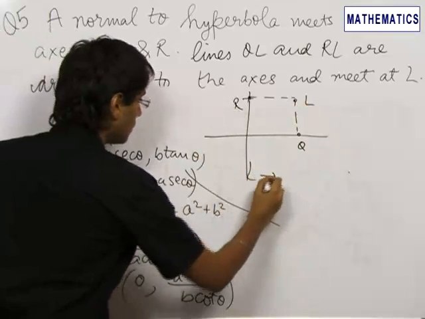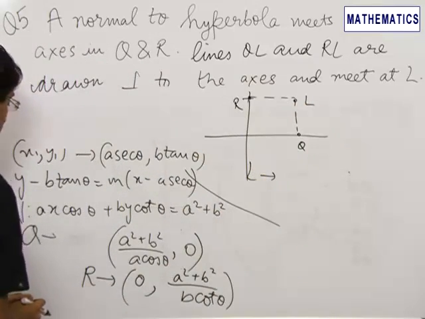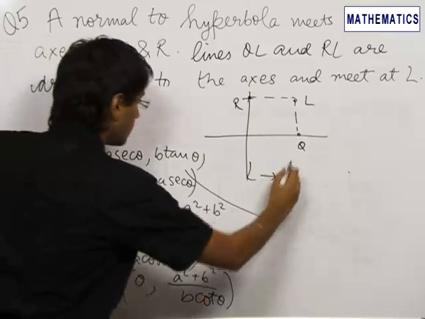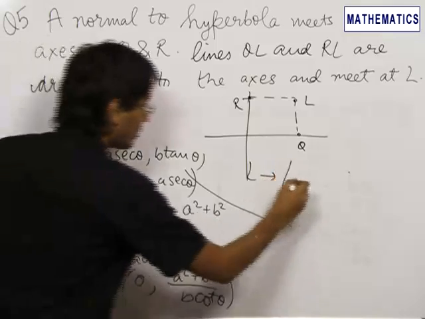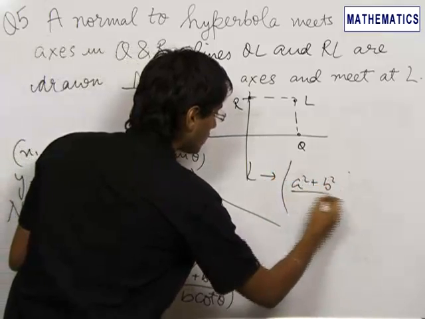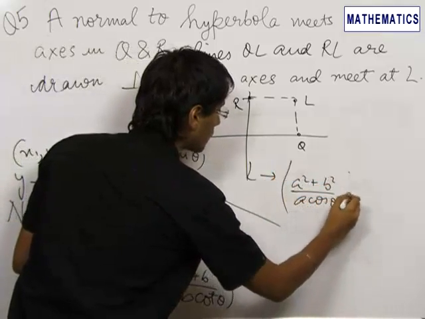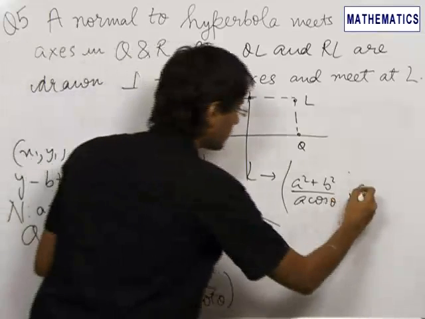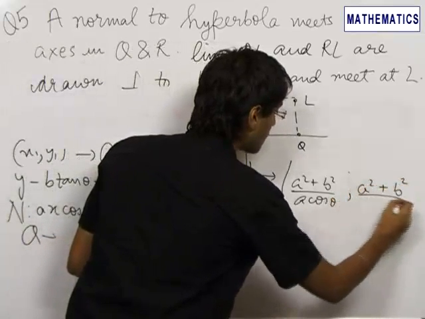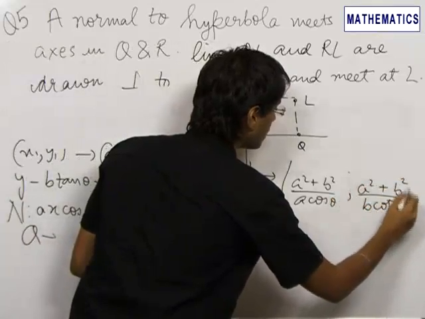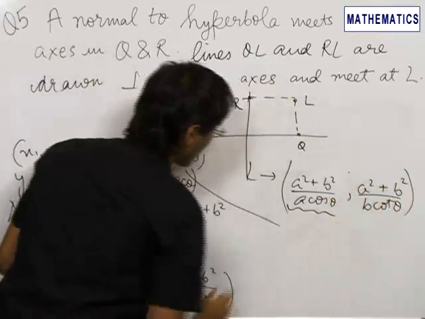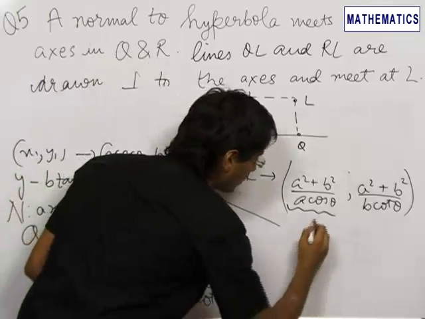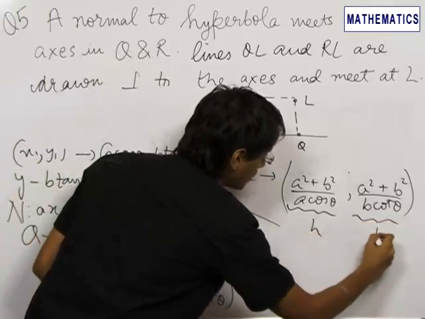Hence L will have x coordinate a square plus b square upon a cos theta, comma, y coordinate a square plus b square upon b cot theta. The locus of L has to be found out. Let us say this is H, this is K.